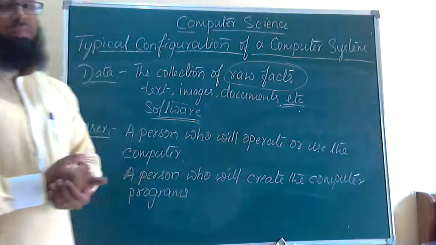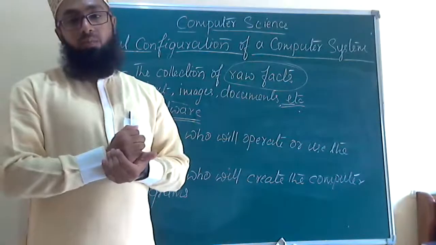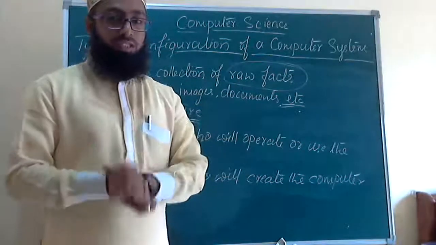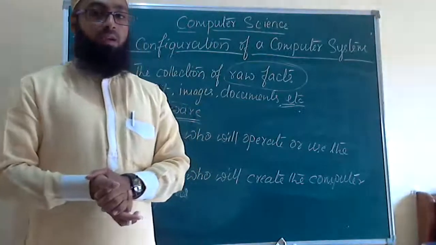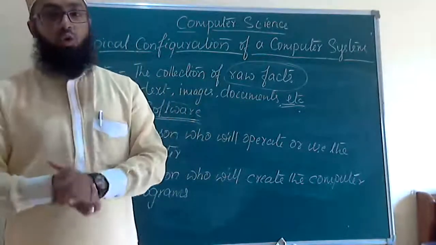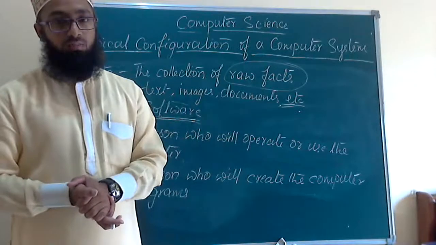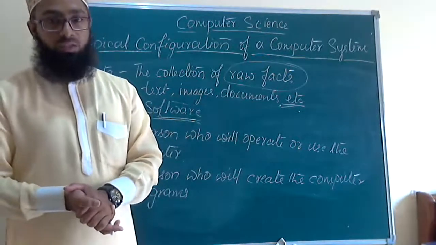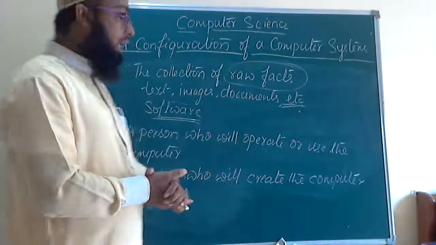Come, we shall see the block diagram of a computer. In your first year also we have discussed it and you are familiar with the block diagram of a computer. But this year also, the same topic is included in your syllabus.